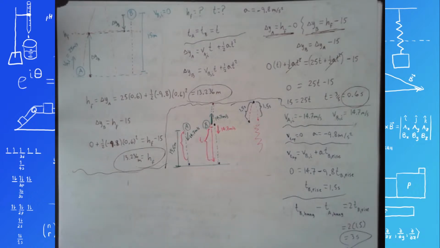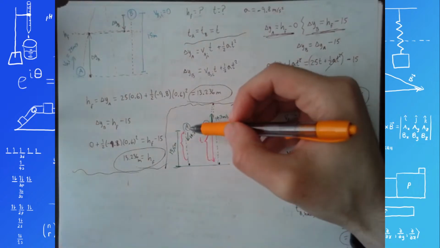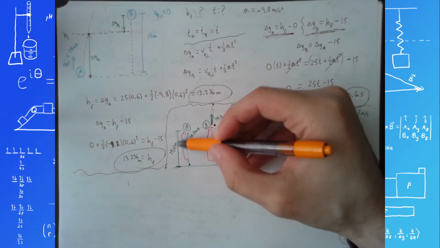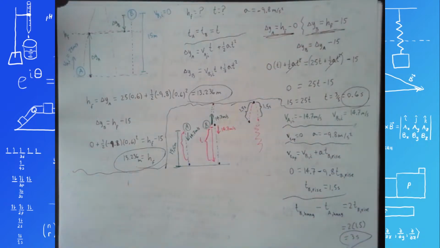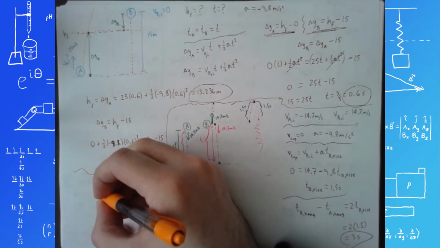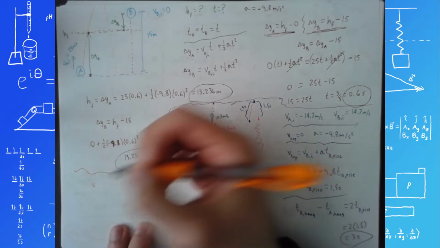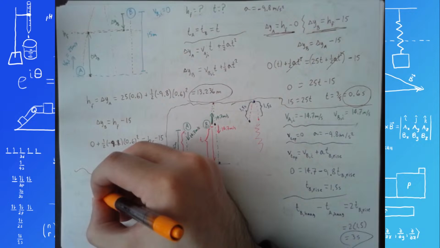We have an initial velocity, we need a final velocity, and we've got a displacement of 19.6 meters downward. So we're going to do the third equation for this. It doesn't matter which ball we pick, I'll just pick ball A.